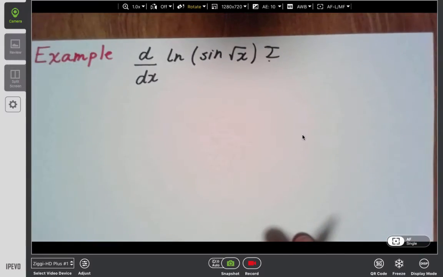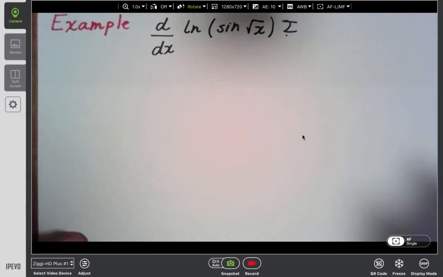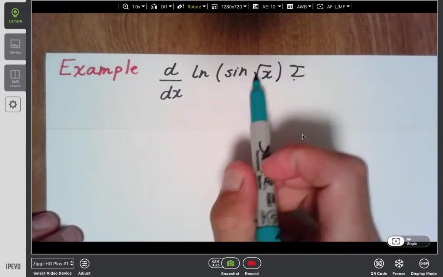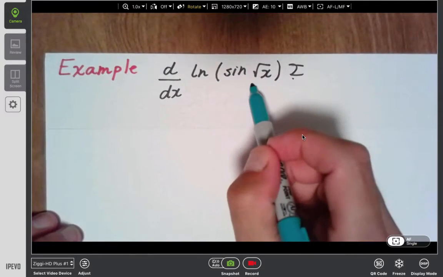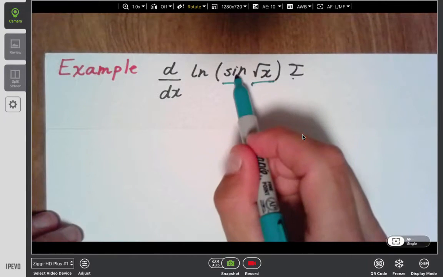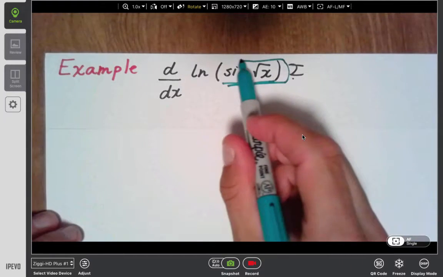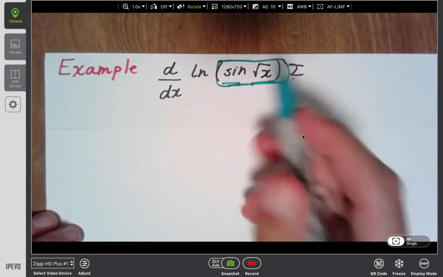Last little example, okay? The hardest one. What is the derivative of the natural log of sine of root x? Ooh, so look at this. There's a chain in here, right? One function in another. Then there's another chain on top of that. This is in ln.